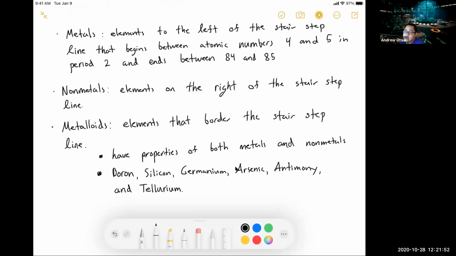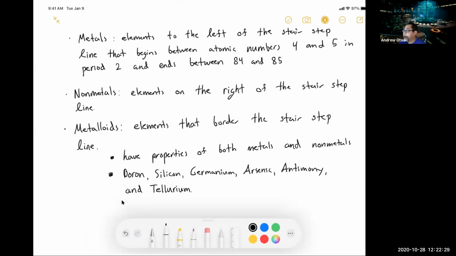It's more of a metal. So we consider it a metal, not a metalloid. But don't worry about polonium. Do not worry about polonium. We will most likely never talk about it. So that's one element you don't have to worry about. Okay.